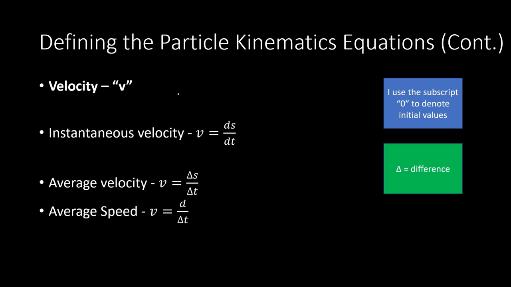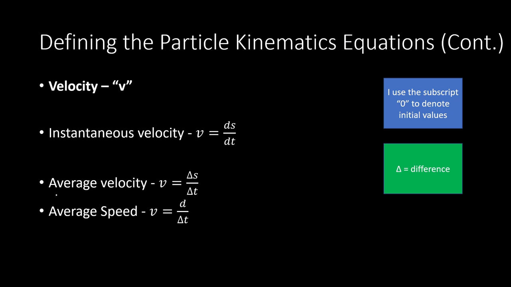The next variable we're going to talk about is the velocity, which I use lowercase v. The instantaneous velocity, which is what we'll be using most of the time, is the time derivative of the position. Essentially it's the change in position over time. If you remember from the previous slide, we had the displacement and we had distance, and this is where it really comes into play.